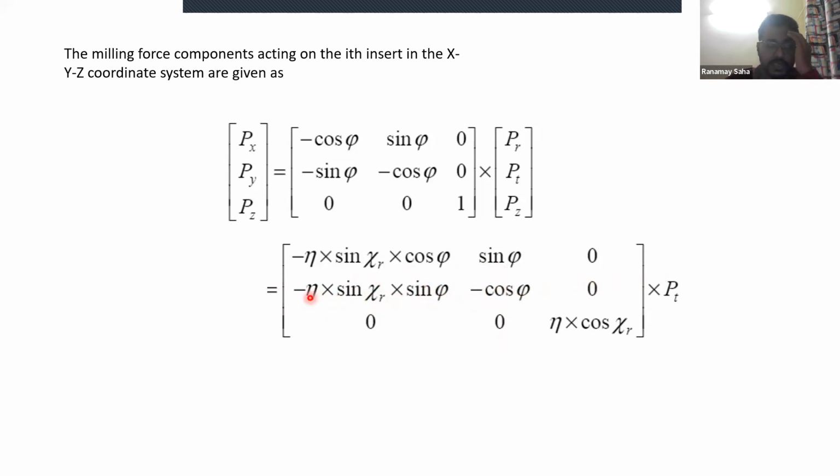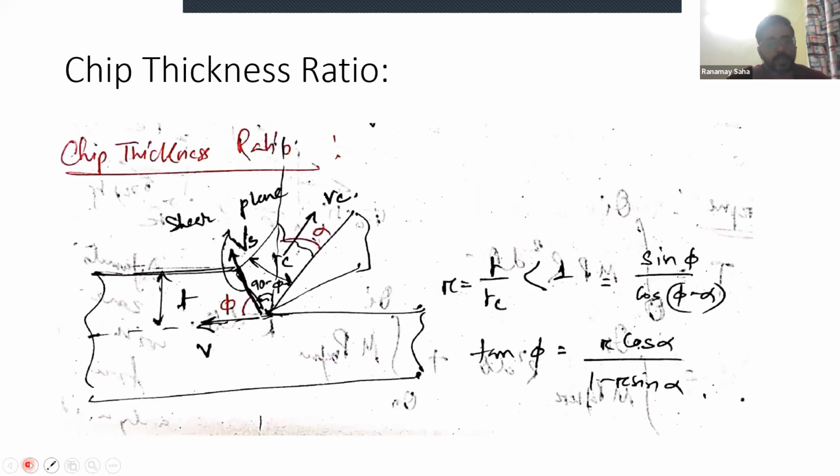So that way, you can prove that the force in the y direction happens to be the maximum as compared to the other components of the force. I hope this is clear. This is just to show you why the cutting force, or the tangential force, happens to be the maximum. This is a proof, you can say, for that. And then we move to the next question.